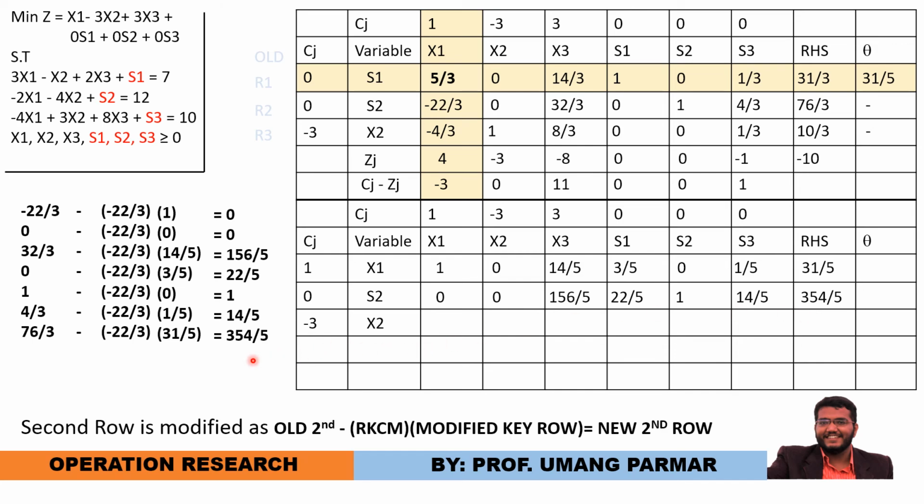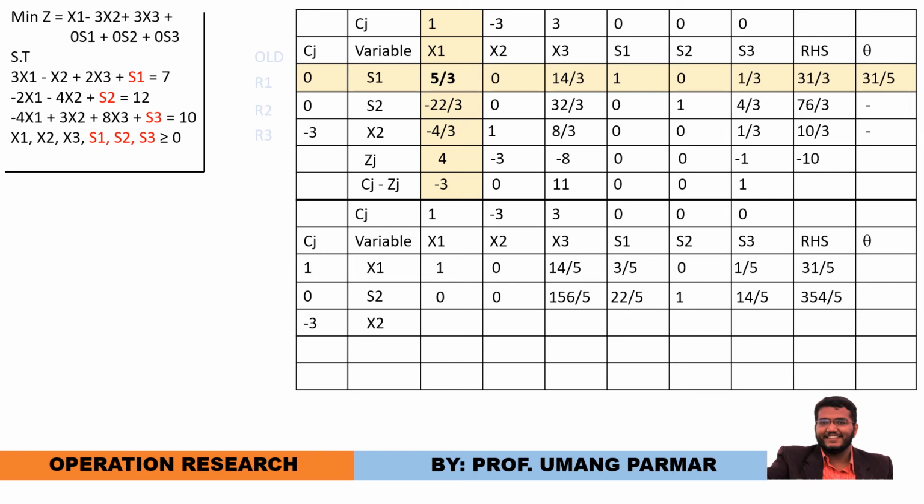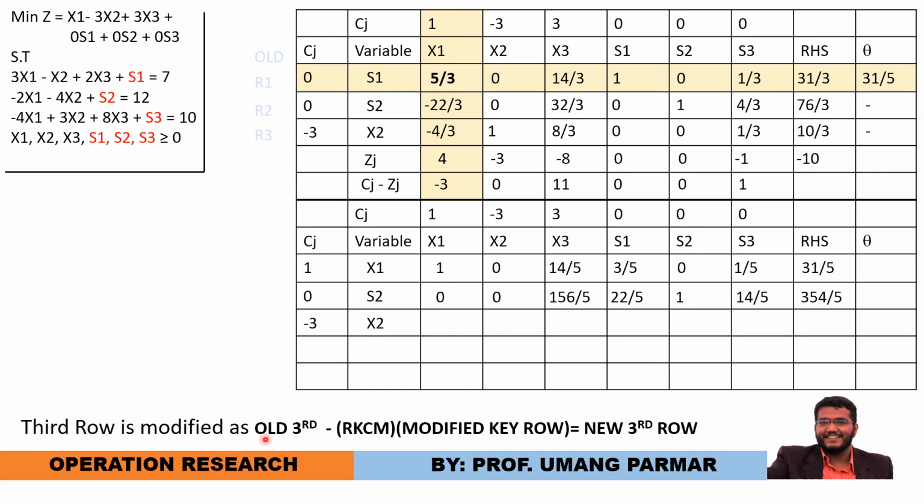Now we are going for the modification of our last row, which is the only row left, that is our third row. The equation is: old third row minus the respective key column member multiplied by the modified key row equals the new third row.